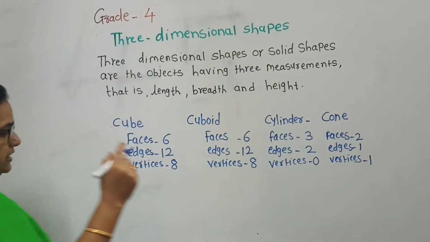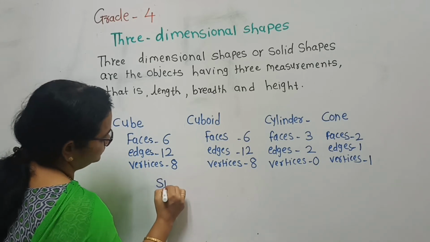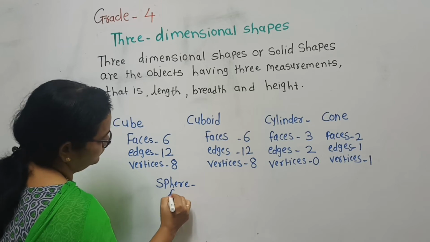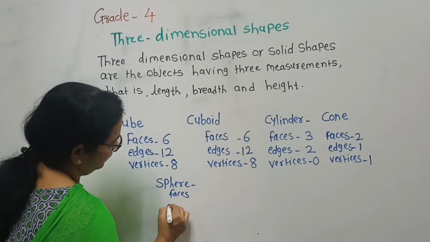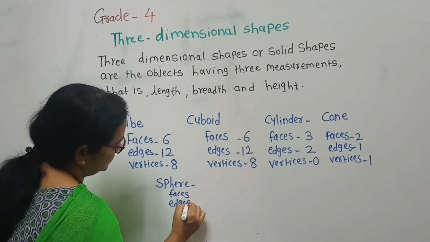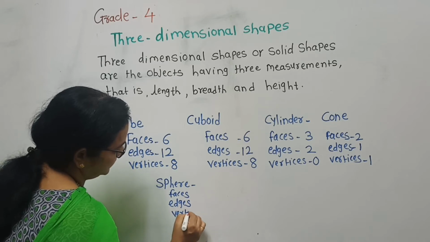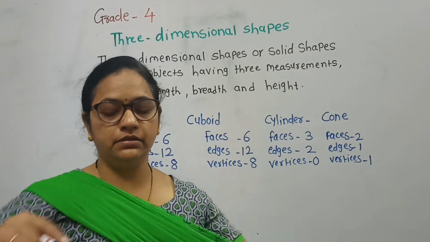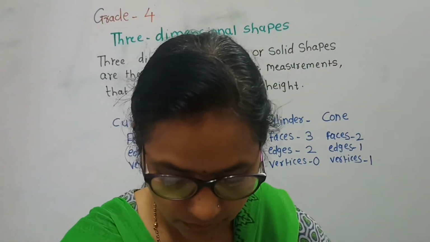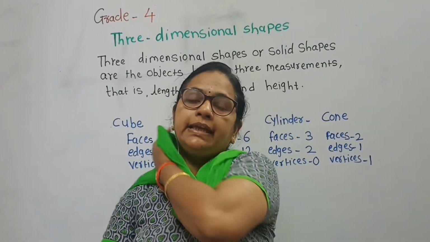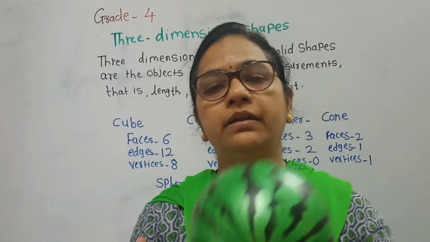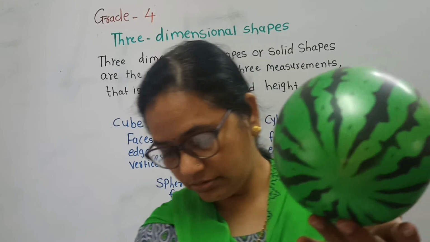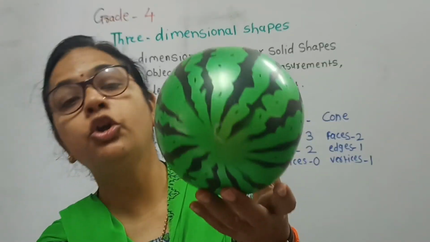Now sphere shape. Faces, edges and vertices of a sphere. Sphere shape means, children, football, tennis ball, cricket ball or globe.